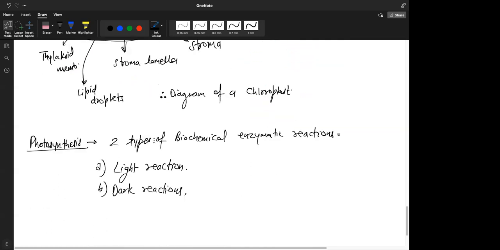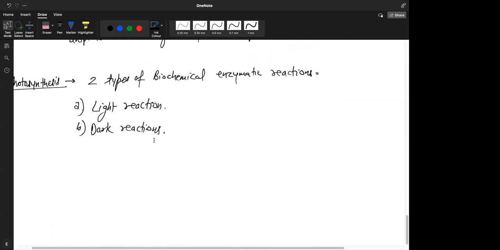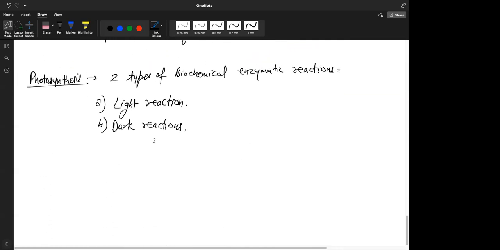Now on this thylakoid membrane system, the first thing that is happening is light is falling on this membrane, and this membrane is converting the light energy into chemical energy, which can be used for biochemical reactions in the cell. Make sense to you?